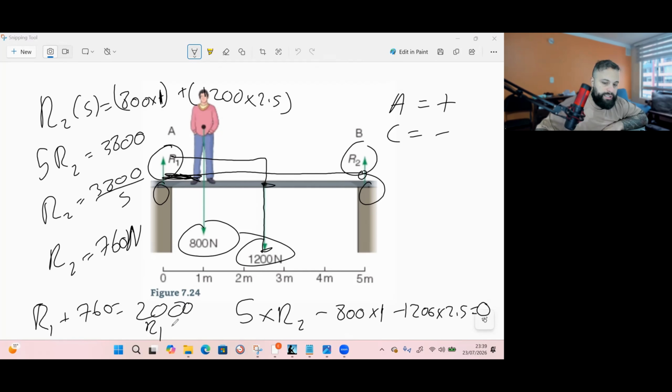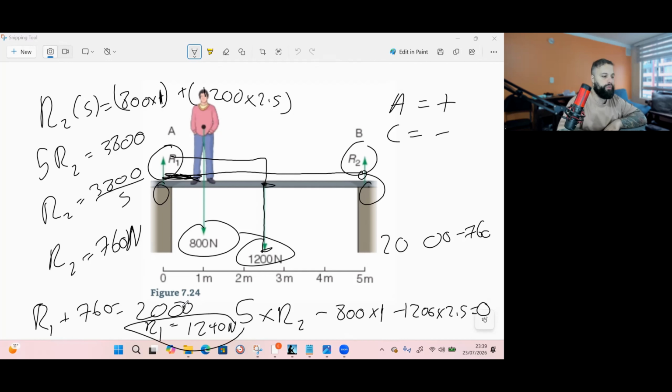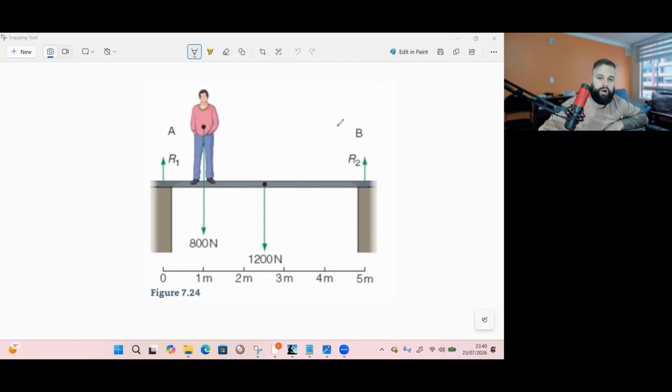So R1 is just going to be 2,000 minus 760 newtons, which gives me 1,240 newtons for R1.